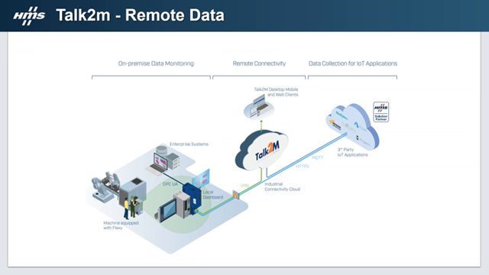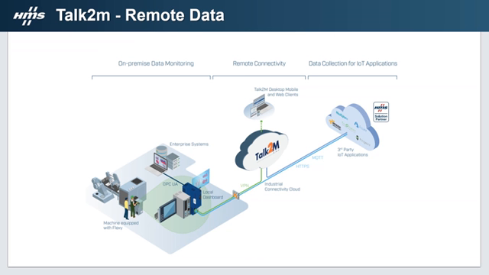Secondly, let's have a look at what we call remote data, the second main Talk2M feature. Where it all started with remote access, E1 added the possibility to use the same infrastructure, in other words the VPN connection, to remotely retrieve your data. This makes it a scalable solution and a very easy next step into your IIoT journey.